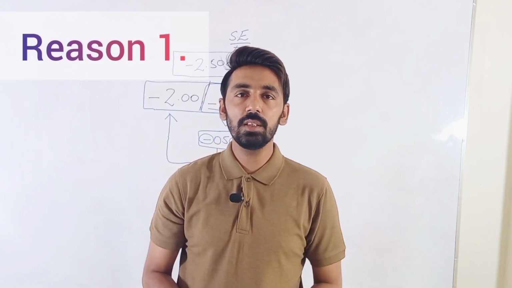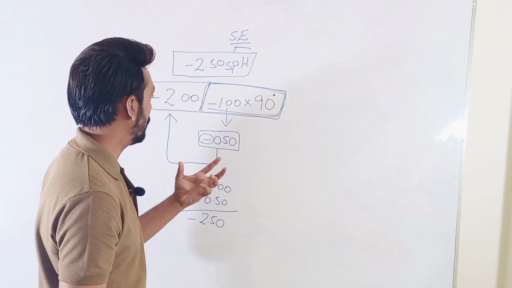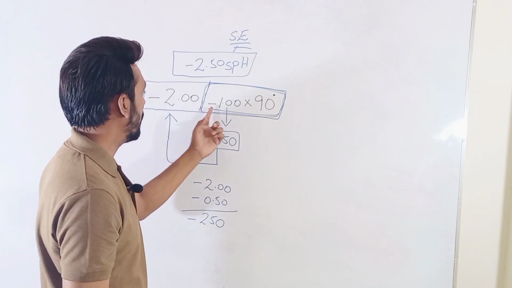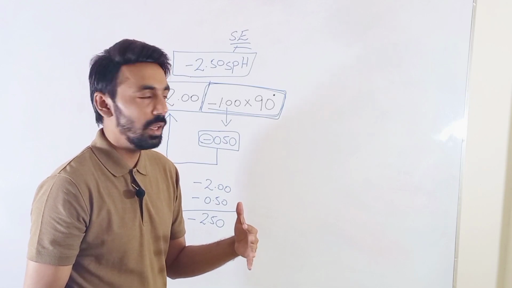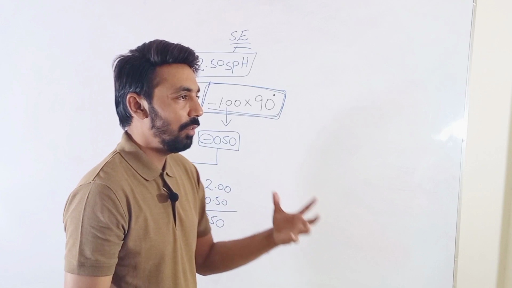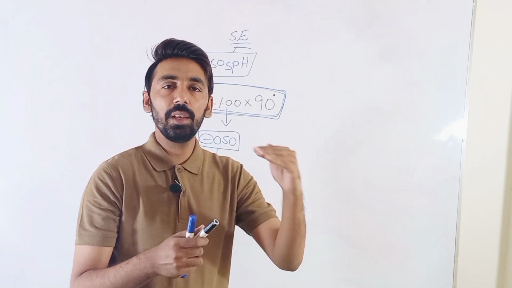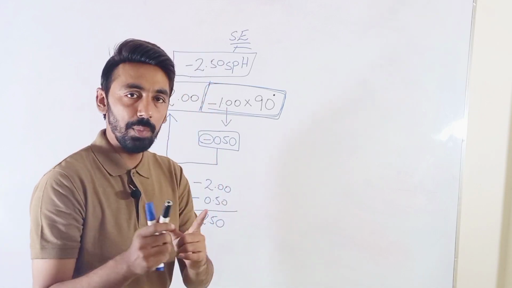Reason number one: you will perform the spherical equivalent in those prescriptions in which the cylinder is up to -1 or +1 cylinder. You have to keep it in mind.